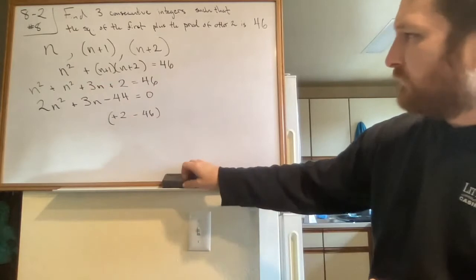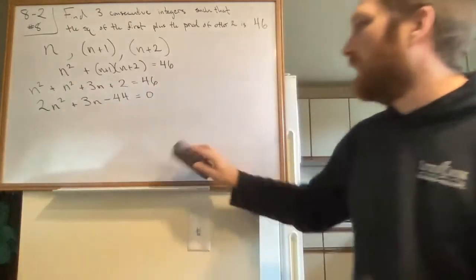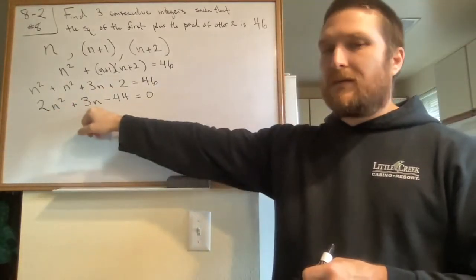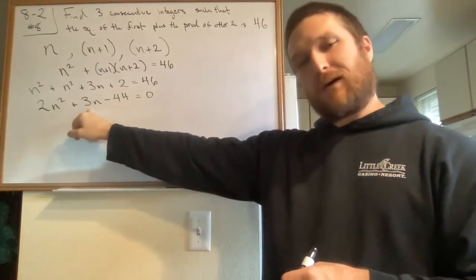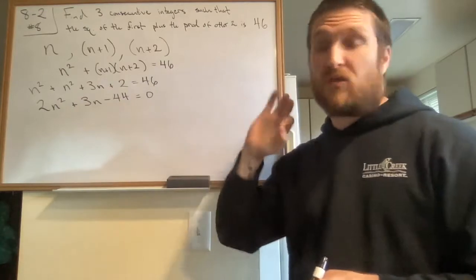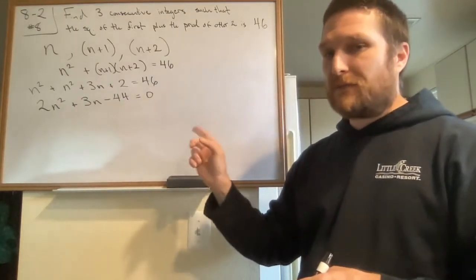Okay, that looks good. Now, I could see that I'm not going to be able to factor out a 2 because then I'll end up with 3 halves. Uh-oh, that's ugly. Maybe we could factor this. We could, of course, just jump right into the quadratic formula, but this might actually be easier.